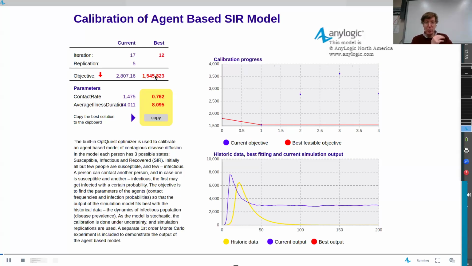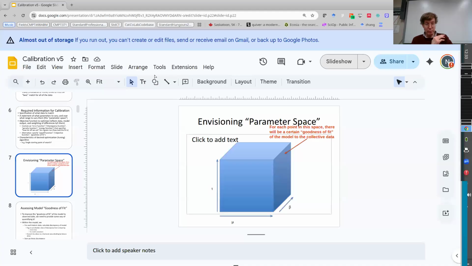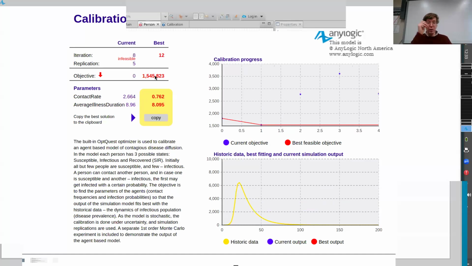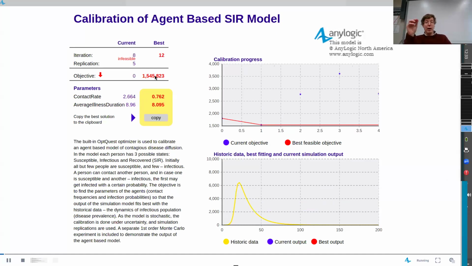So this change we made to the model has revealed the profound way in which model structural assumptions, in this case, the assumption of significant waning of immunity over time, jives with or does not jive with, is not consistent with our empirical data, no matter what values we associate to certain parameters.